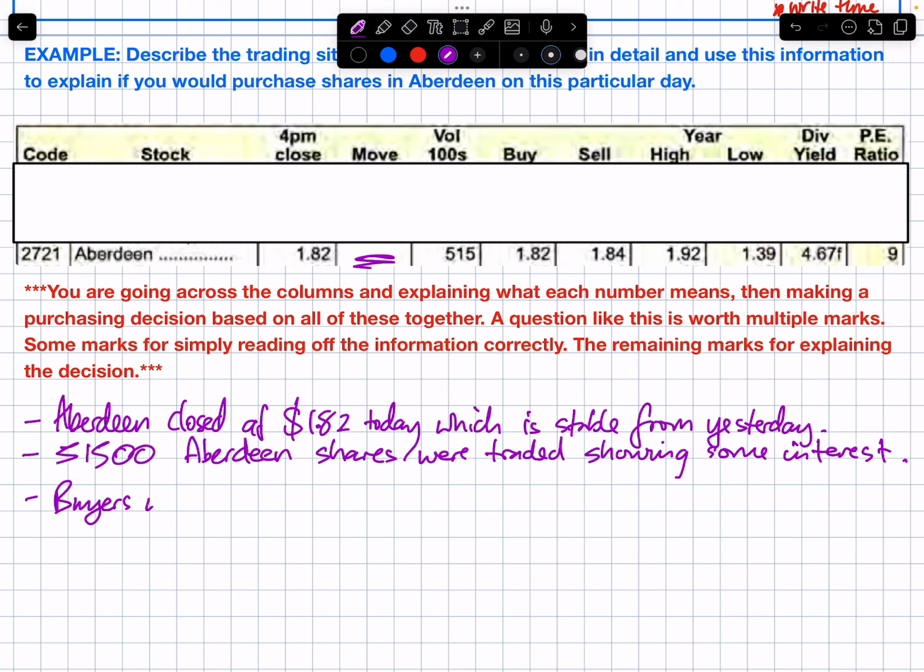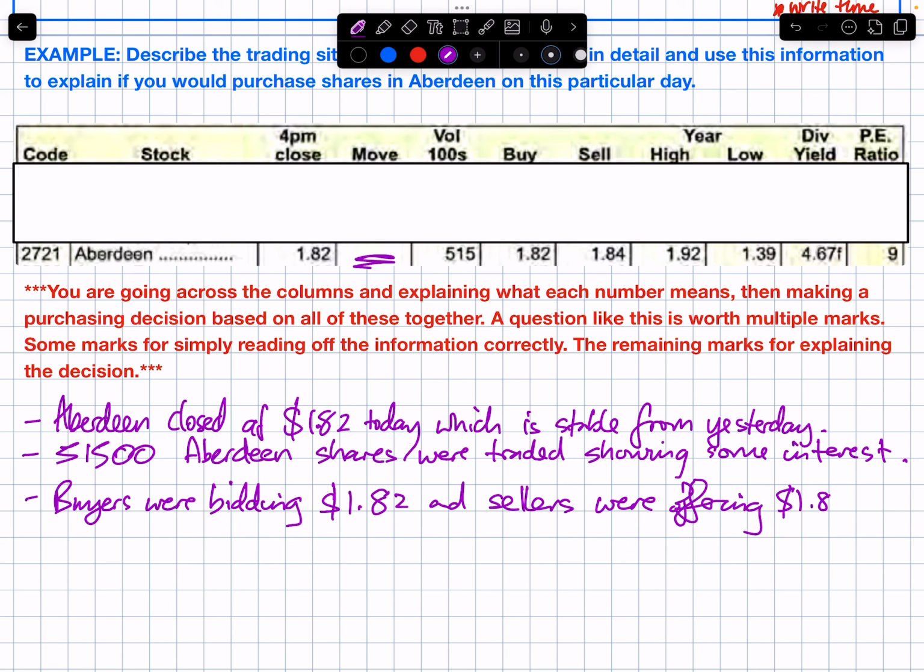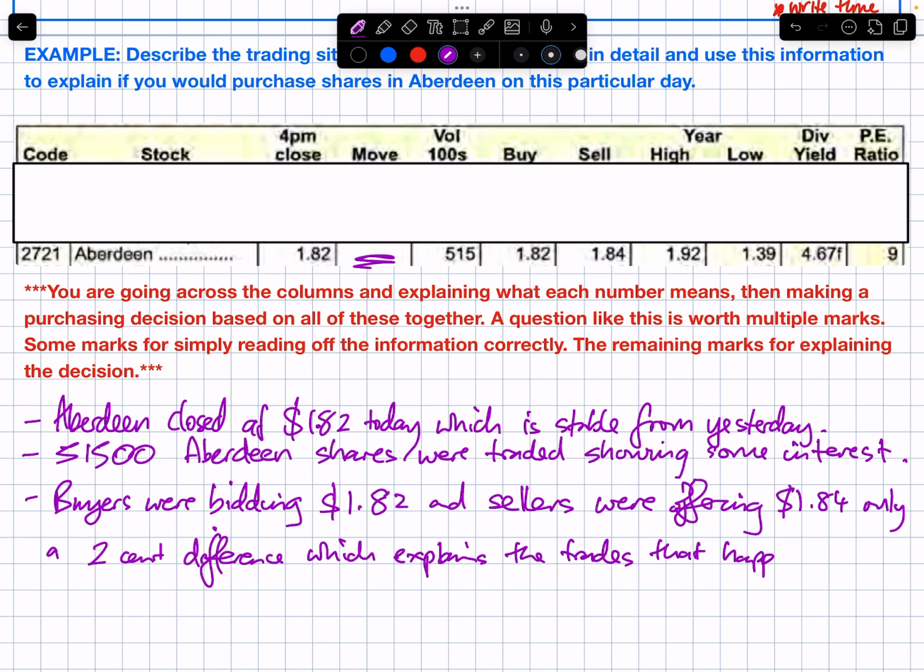Buyers were bidding $1.82 and sellers were offering $1.84, only a 2-cent difference, which explains the trades that happened. People were interested in them. Why? Because they were sort of in agreement with the price. They were very close to each other.